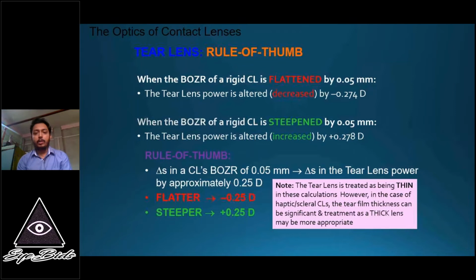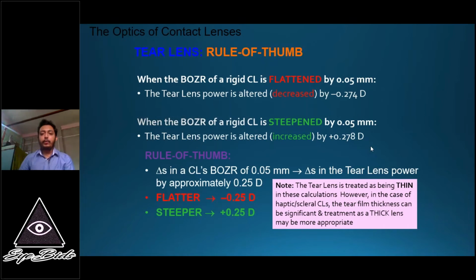So the rule of thumb is, if you are flattening the contact lens curvature by 0.05 mm, there is an induced power of minus 0.25 diopter. And if you are steepening the curvature by 0.05 mm, obviously it will increase the power by plus 0.25. Fine. So this is the rule of thumb we have to understand.